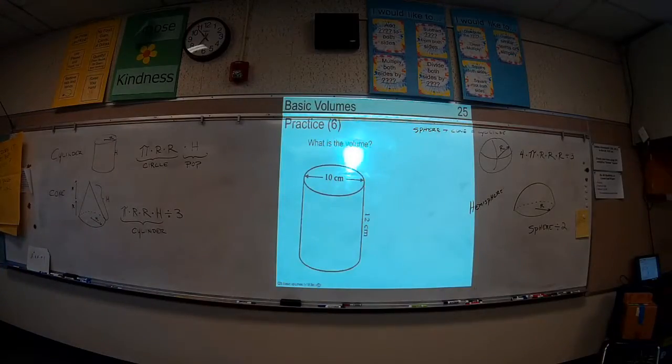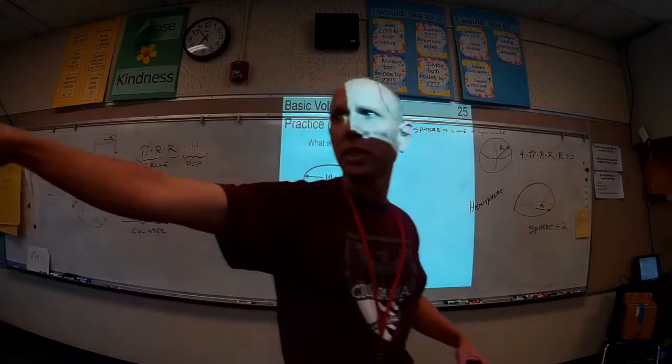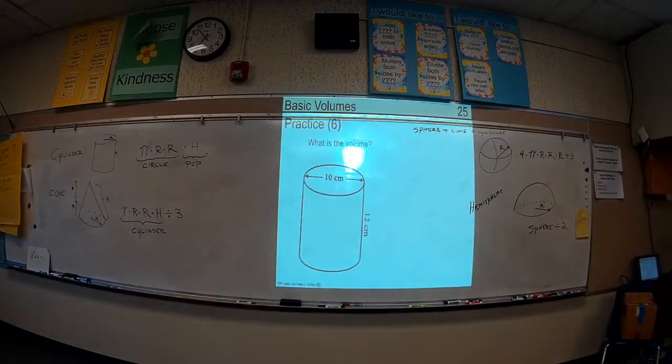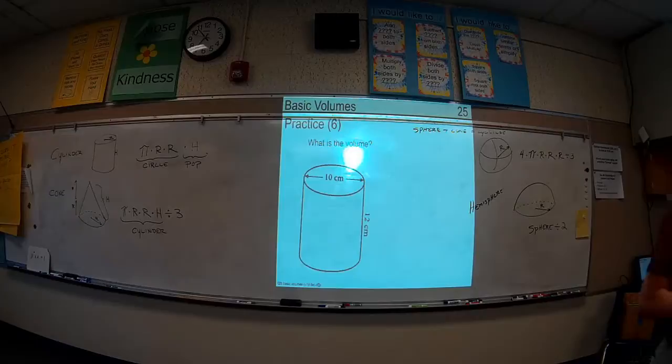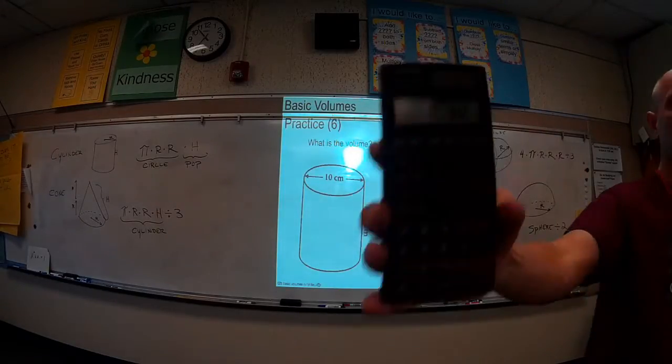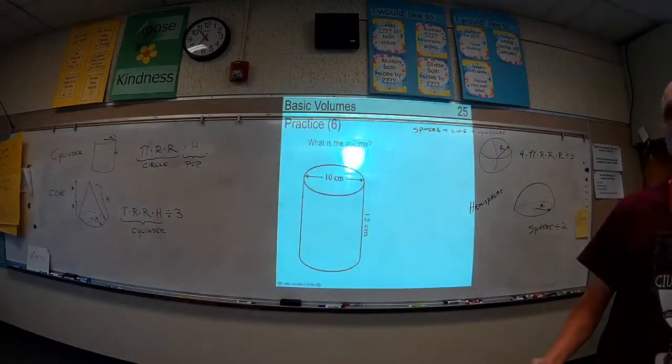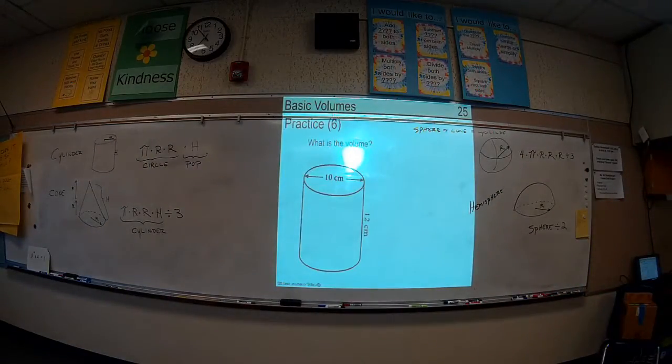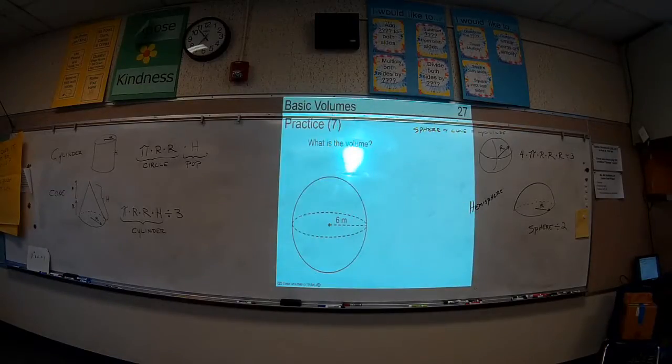Coming back to this group in a second. Talisa, coming back to you in a second. Got it? Michael's got it. Good. Look at this, 942. What'd you get? 942 that time? Okay.